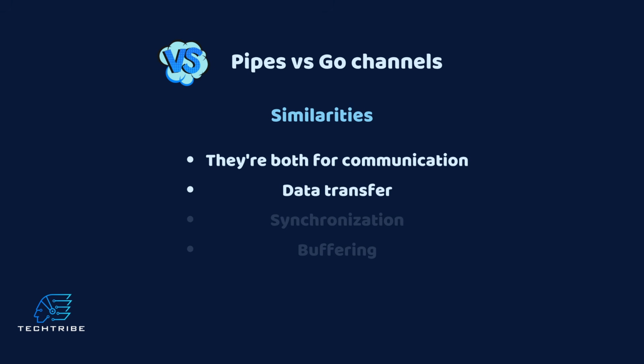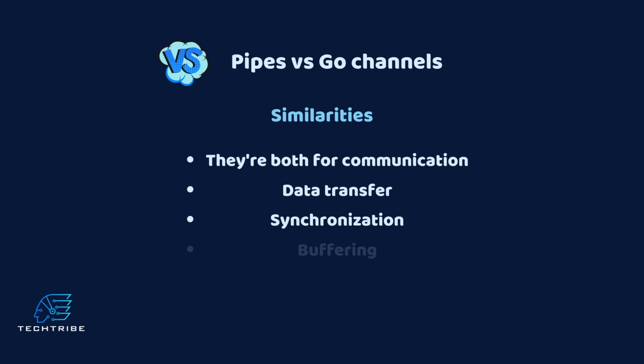And data transfer, whether it's between processes, pipes, or goroutines, channels, both are about getting information from point A to point B. Synchronization. Both provide a level of synchronization, which means that they can make things wait.